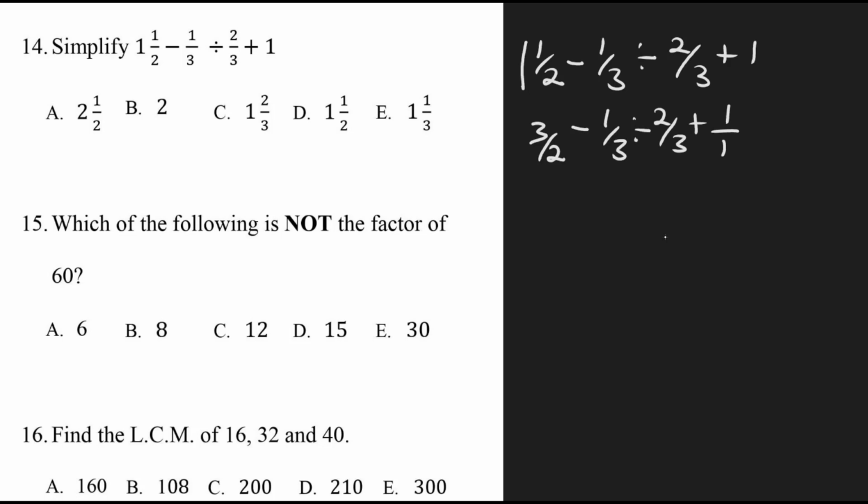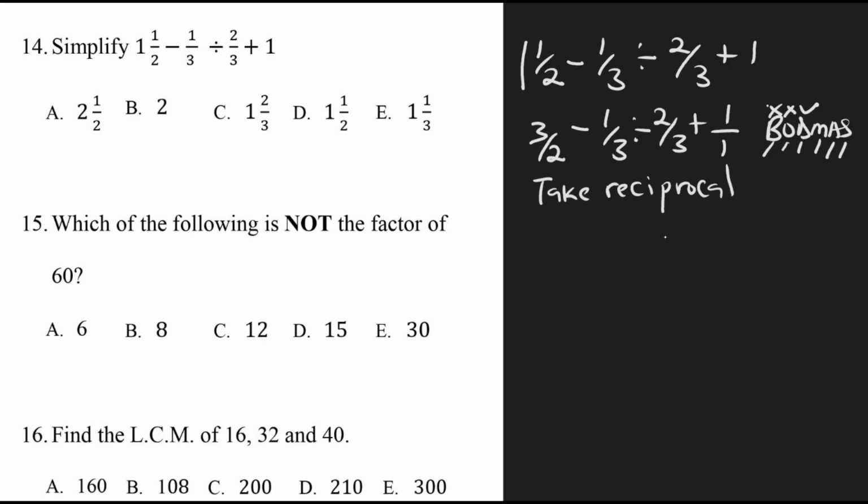So the next thing is to check which operation we are going to follow first. Remember BODMAS: bracket, of, division, multiplication, addition, and subtraction. Do you have a bracket? No. Do you have of? No, but we have division. In dealing with division in fractions, we have to take the reciprocal, right?